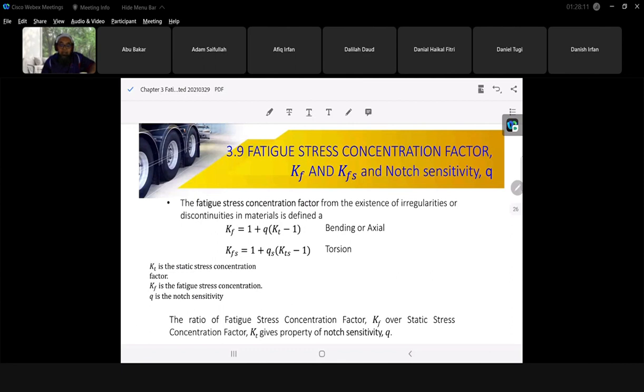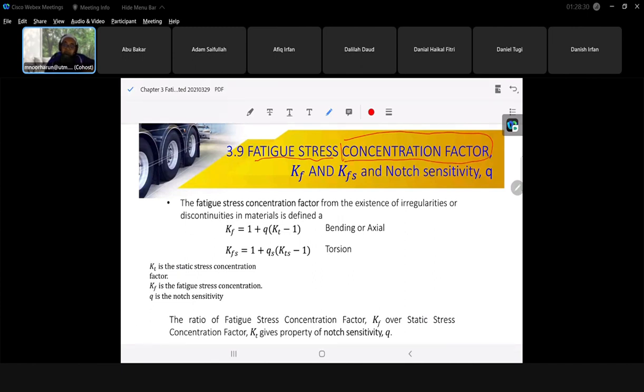Okay, this stress concentration factor, because this is the fatigue stress, okay, then concentration factor.